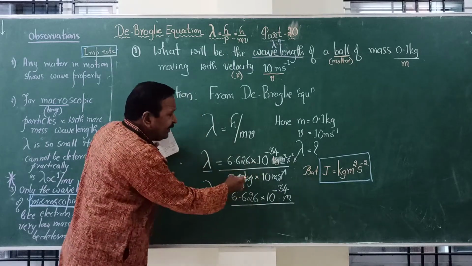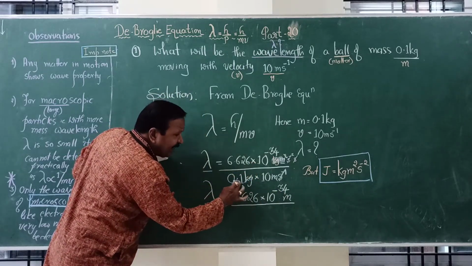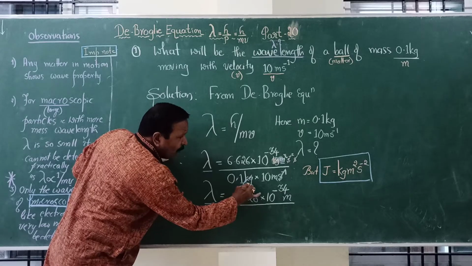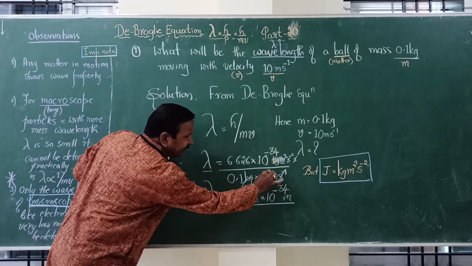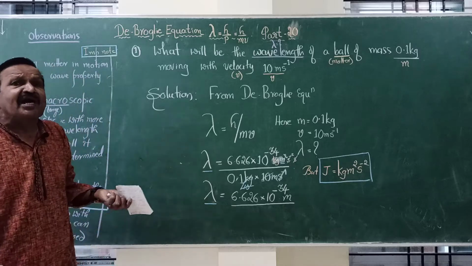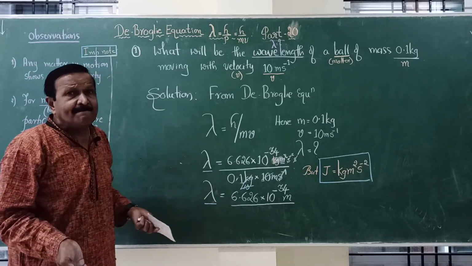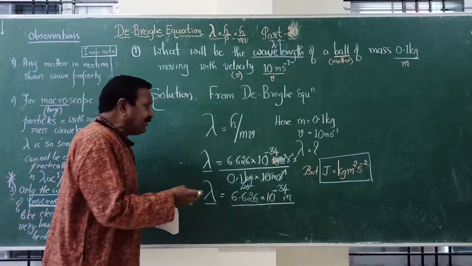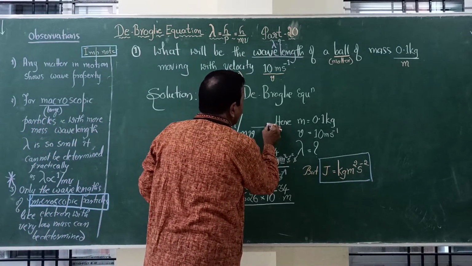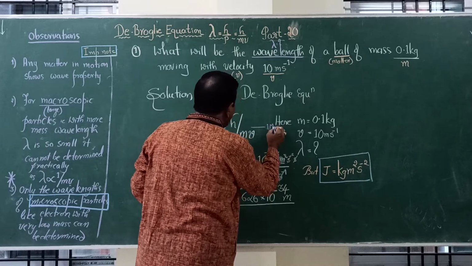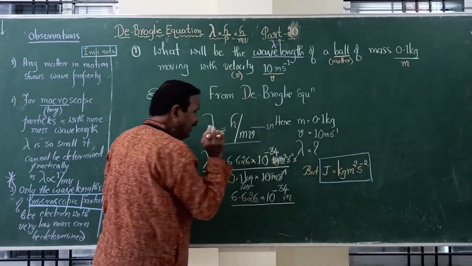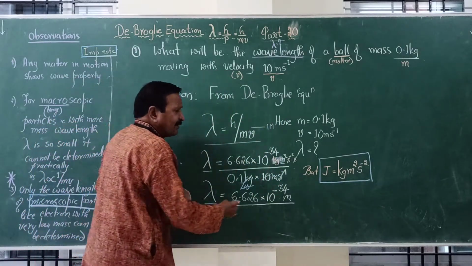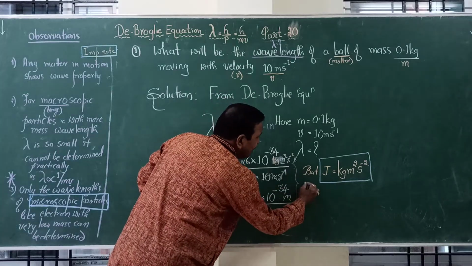Here 0.1 means 1 upon 10, this 10 cancels, so you have nothing more to do in this problem. If they ask this for 2 marks in the examination, 1 mark will be given for writing the de Broglie equation and 1 mark for substitution and simplification.